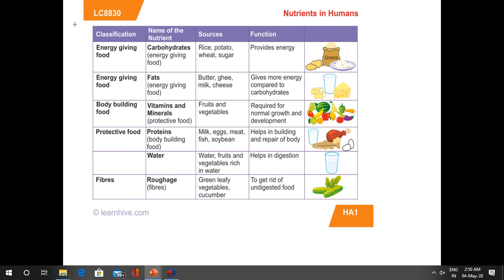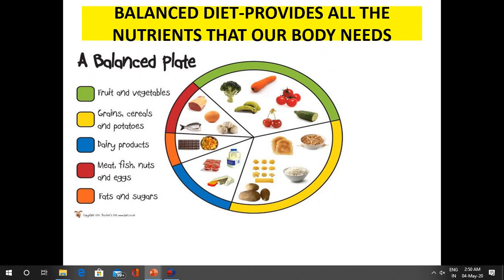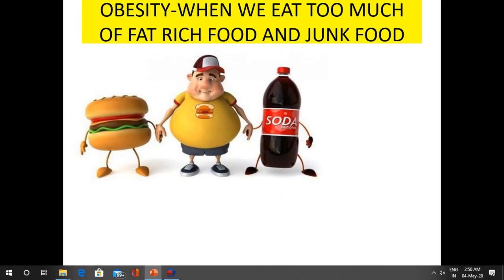Roughage helps us get rid of undigested food. We also read about a balanced diet, which provides all kinds of nutrients that our body needs. A balanced plate will contain carbohydrate, protein, minerals, water, roughage, fibers, everything. Otherwise we will have certain diseases called deficiency diseases.